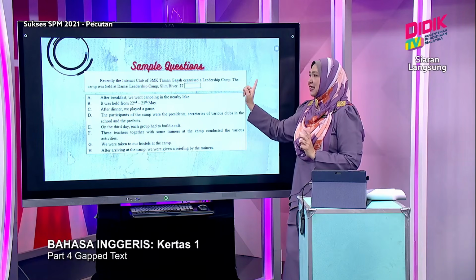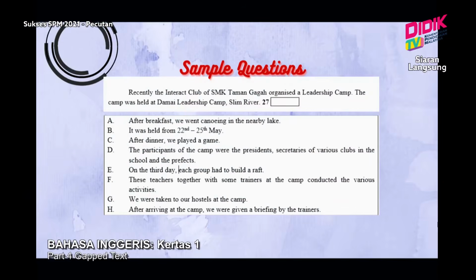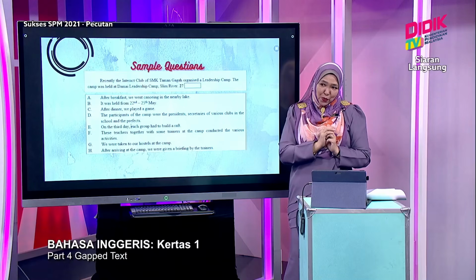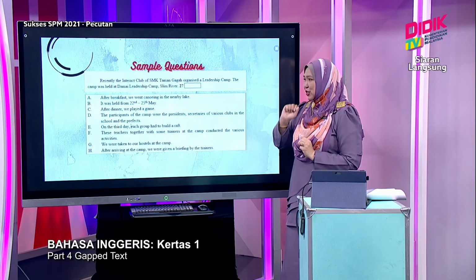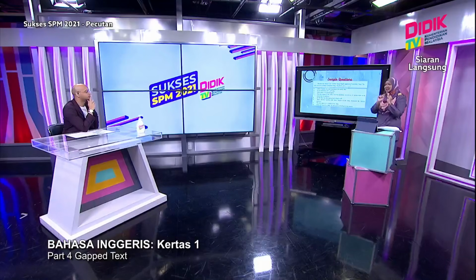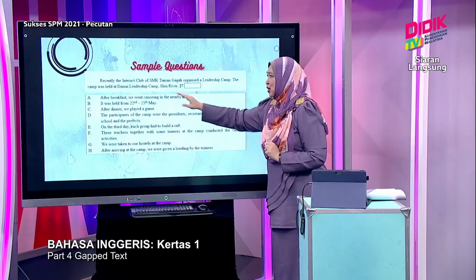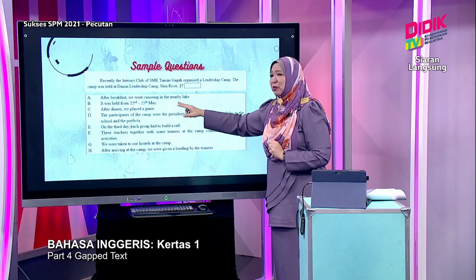Is it "After breakfast we went canoeing in the nearby lake"? Are we talking about the activities? Not just yet. This is the first paragraph. So no, we are not talking about the activities. Second, "It was held from 22nd to 25th May." So we have the where, and we have the when.